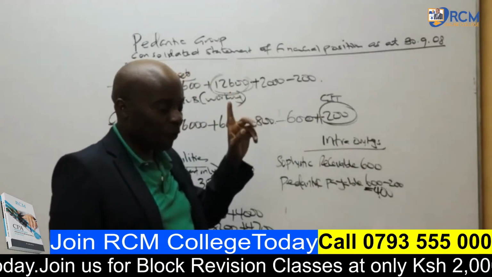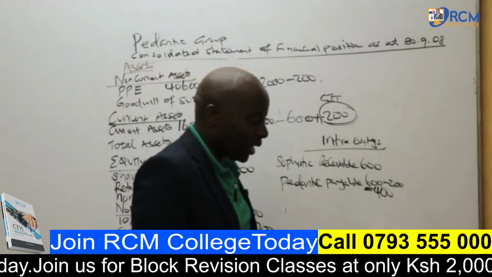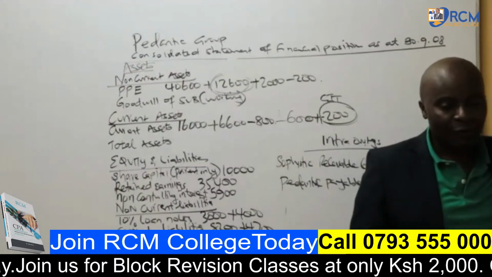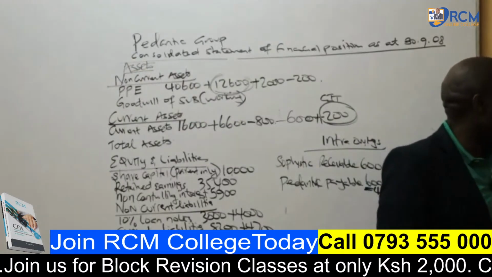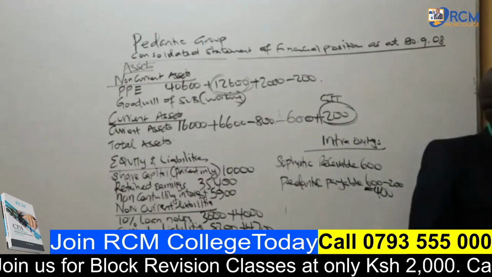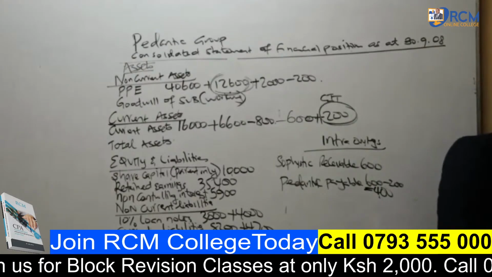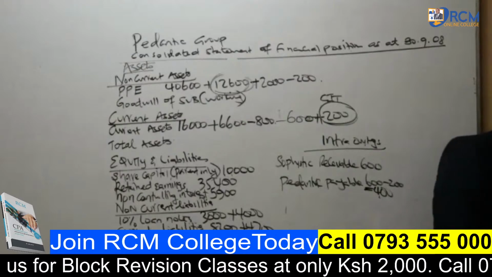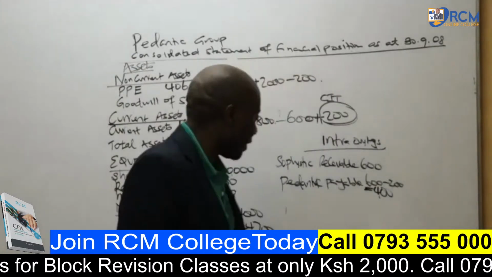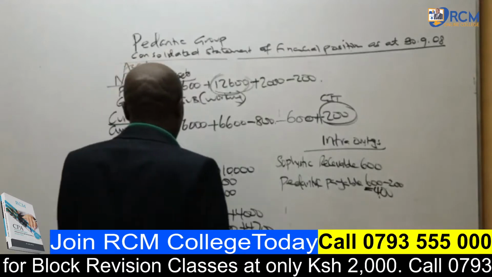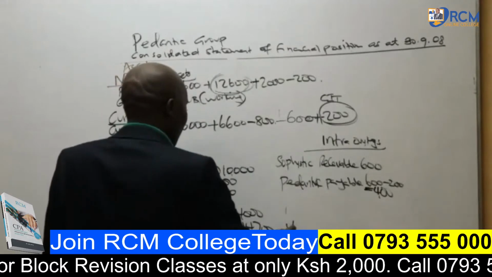Where should I deduct the fake payable of 400 from? Current liabilities, right? So from current liabilities, ukuja useme hapo minus 400.